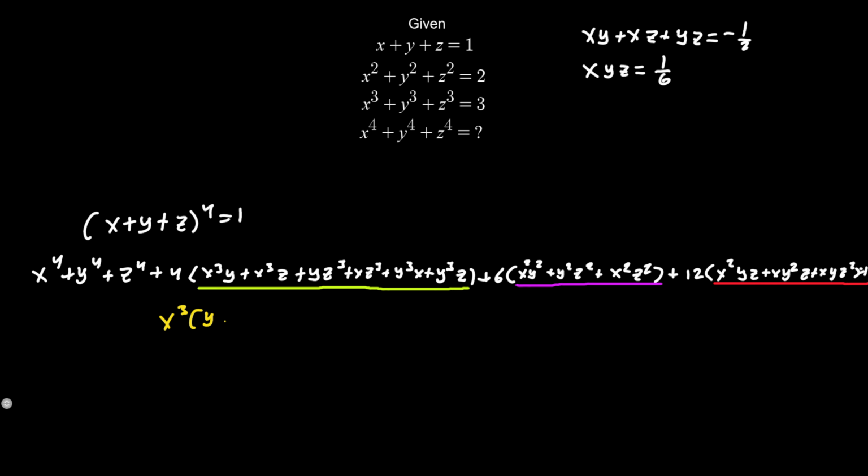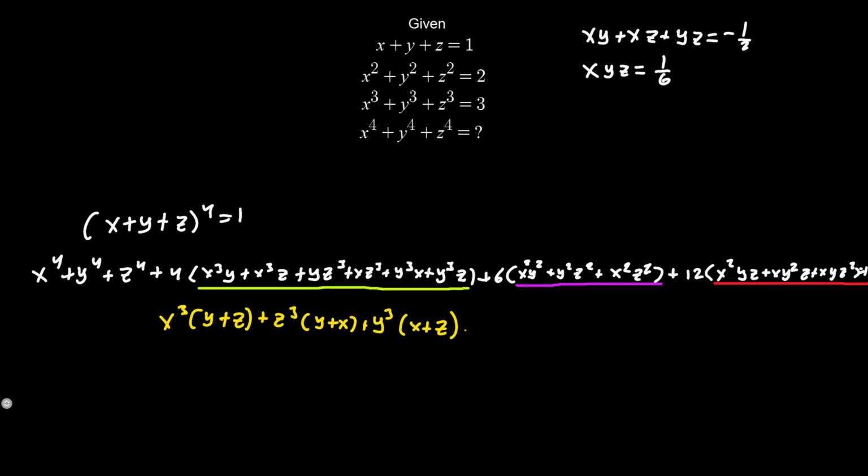So we have x cubed times y plus z, plus z cubed times y plus x, and then plus y cubed times x plus z.